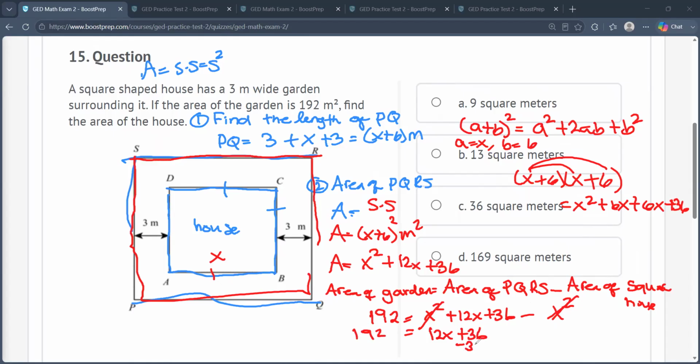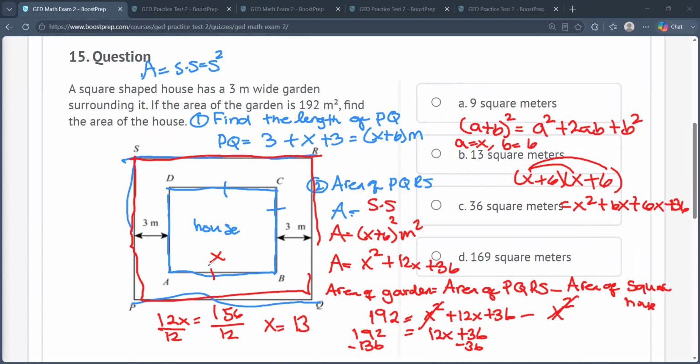Then you're going to subtract 36. You get 12x equals 192 minus 36, which is 156. Divide this by 12, divide this by 12. You get 156 divided by 12 is 13. Is that our answer?